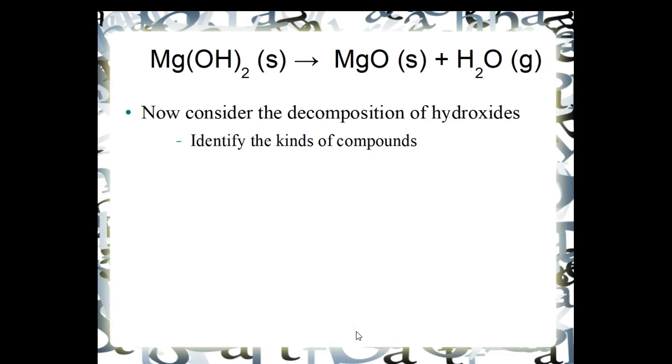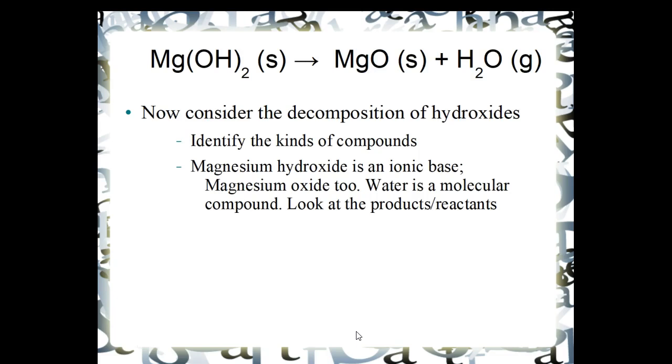Now let's, in passing, consider the decomposition of hydroxides because it's analogous. Let's identify in the reaction: magnesium hydroxide, solid, when heated, will give you magnesium oxide, solid, and water vapor. Of course, you see the magnesium hydroxide and magnesium oxide are both ionic compounds.